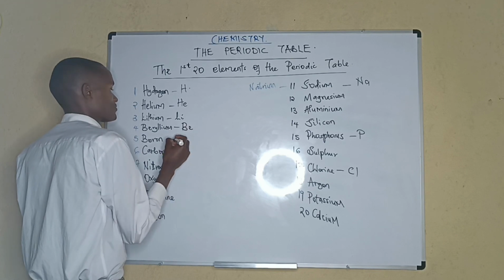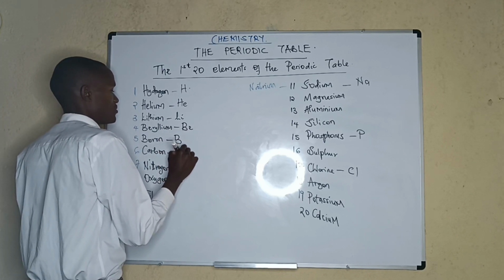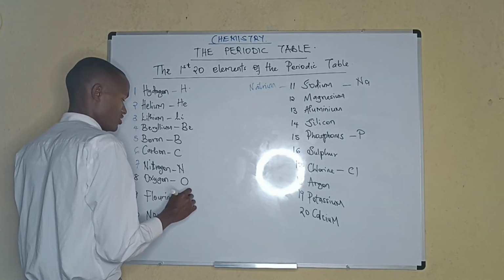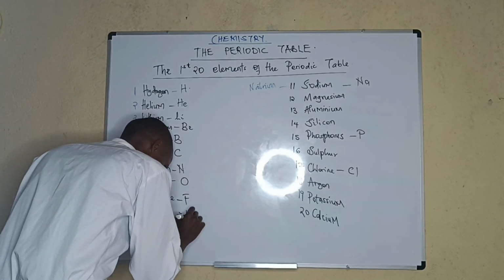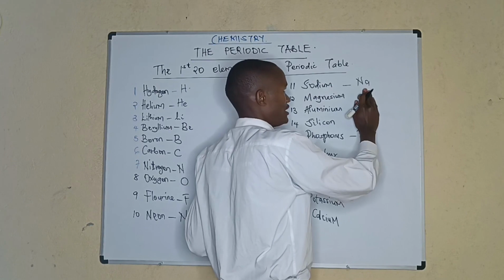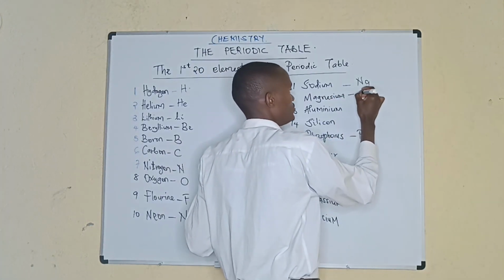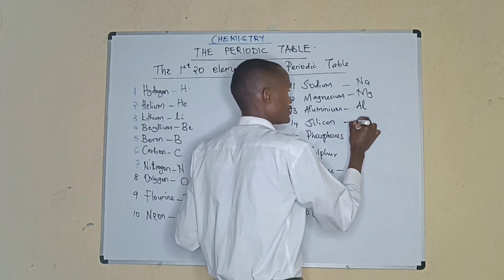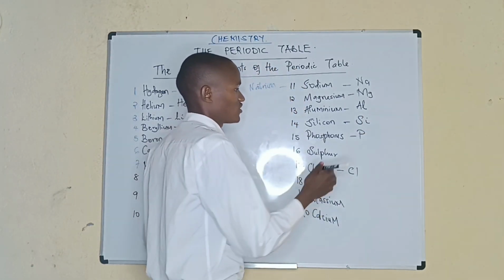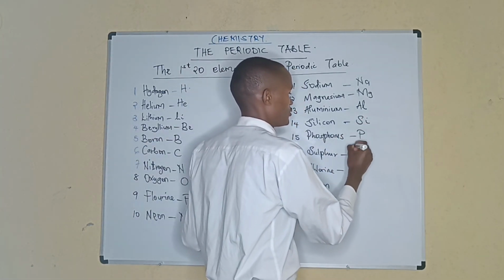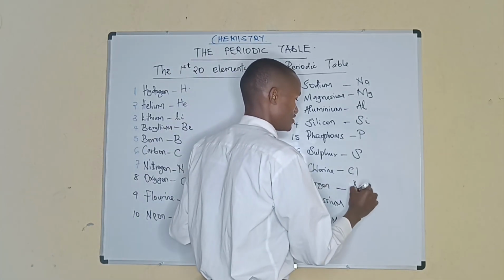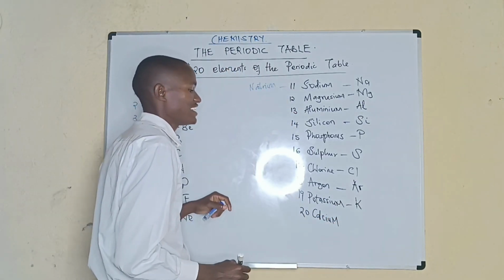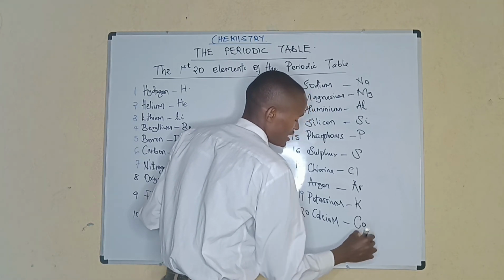Beryllium, boron, carbon C, nitrogen is an N, oxygen, fluorine, neon, Ne, sodium, Na from natrium, magnesium, Mg, seems easy, aluminium, Al, silicon, Si, phosphorus, P, sulfur, capital S, argon, Ar, potassium, from the word kalium we get a capital K, and calcium, just a C and an a.